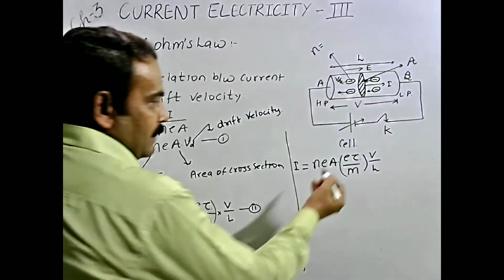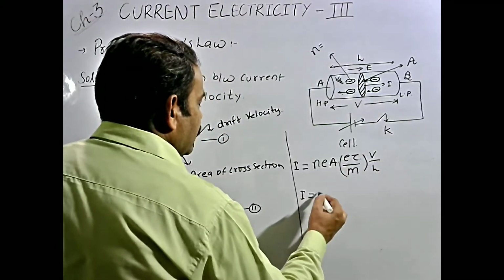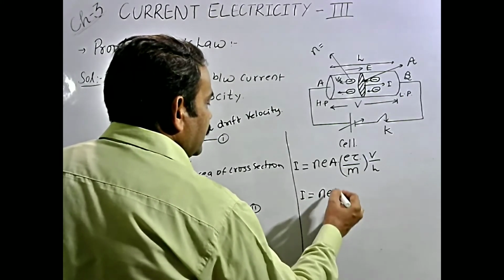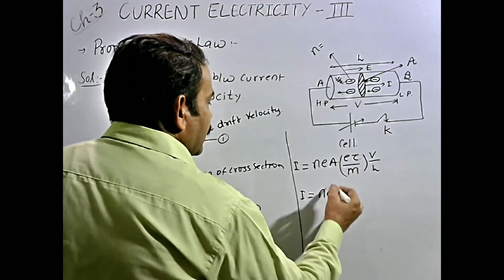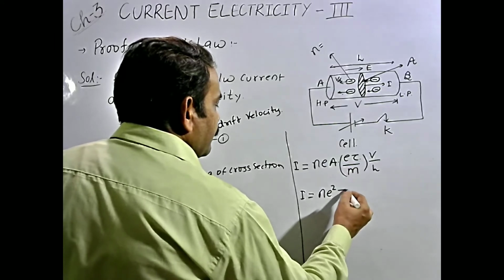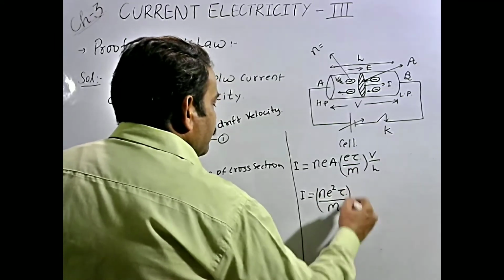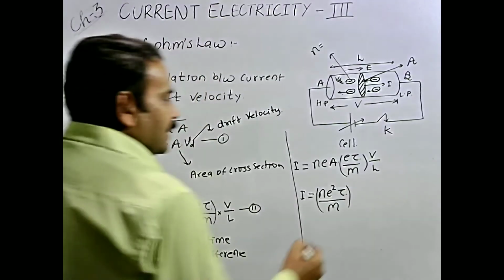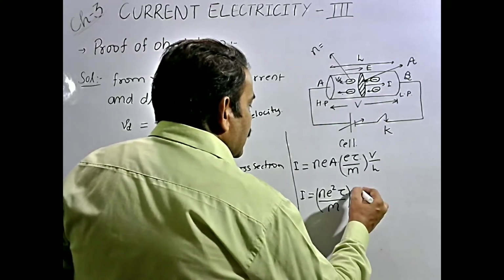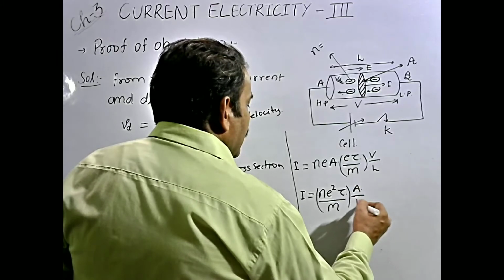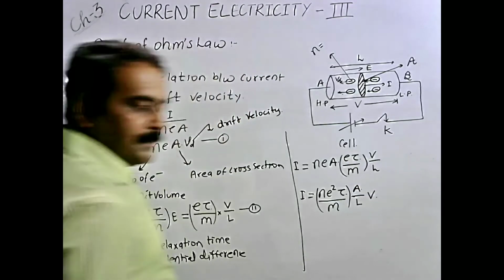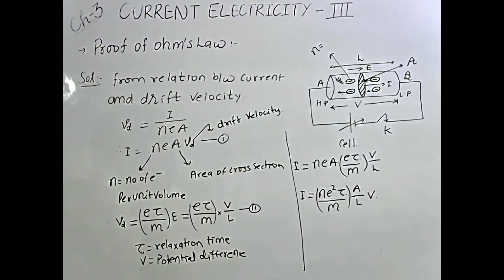Now simplify it. I is equal to n e square tau upon m into A upon L into V. Understand?